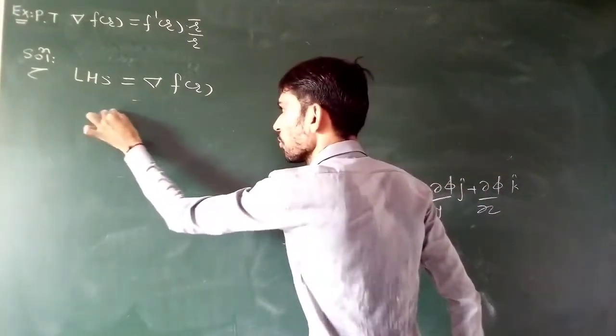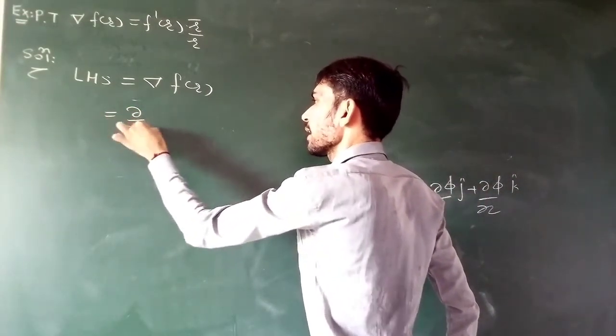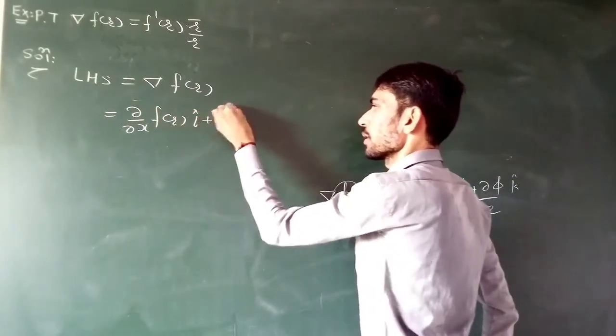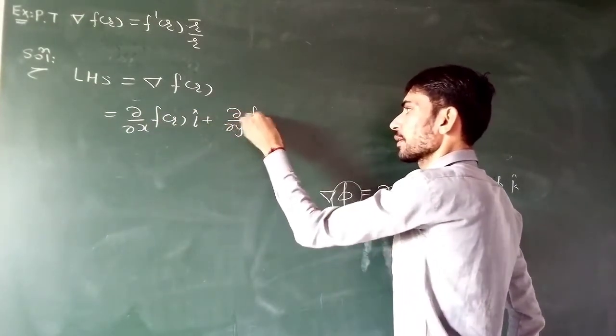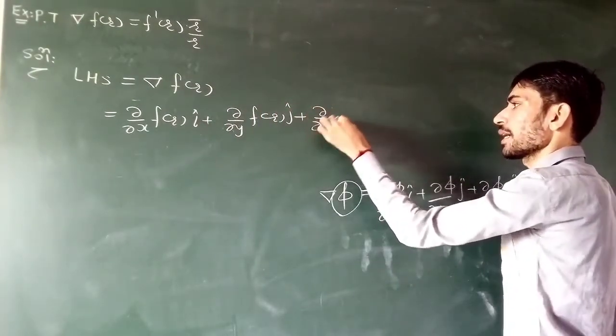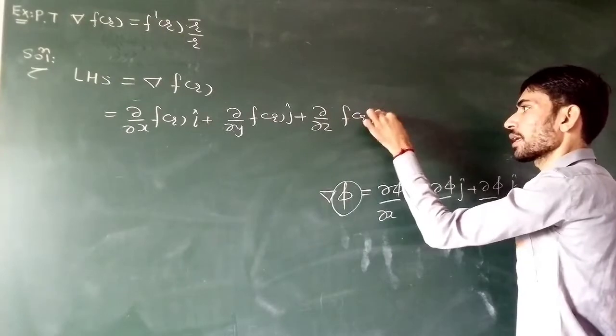So here we apply the formula as the del upon del x f of r i cap plus del upon del y f of r j cap plus del by del z f of r into k cap.